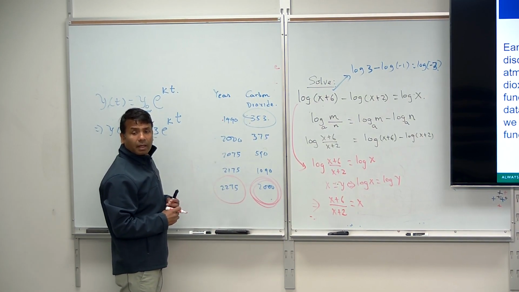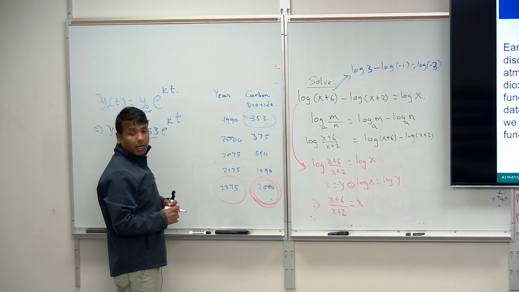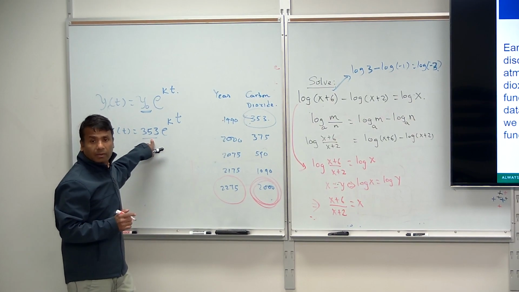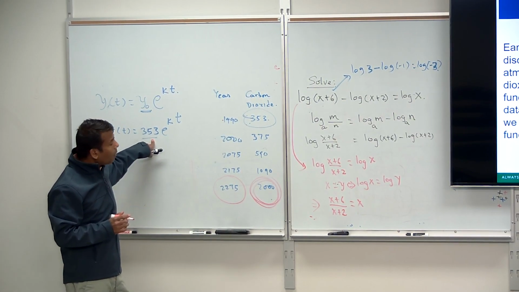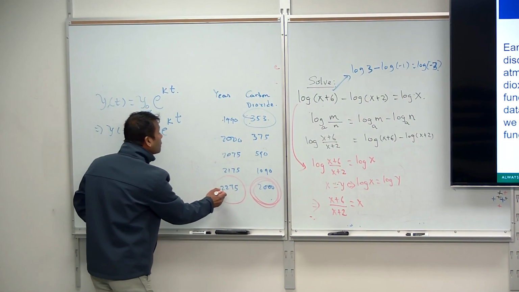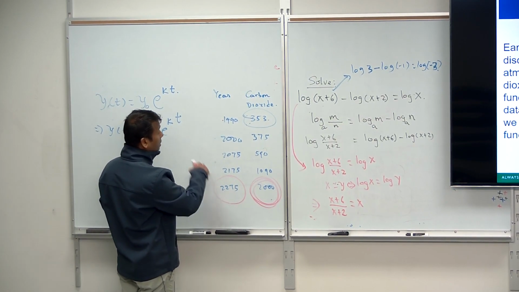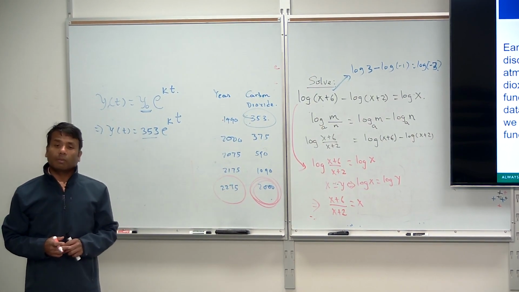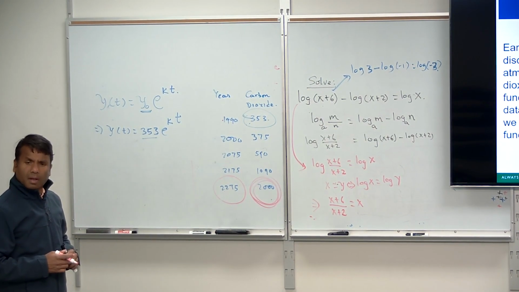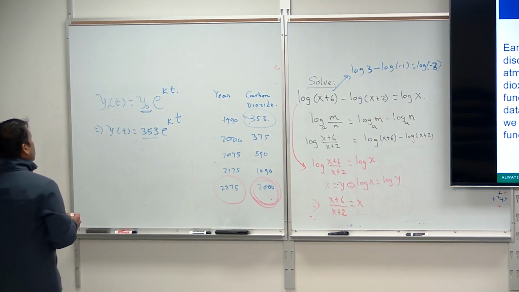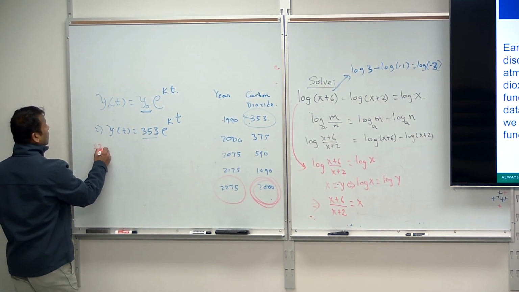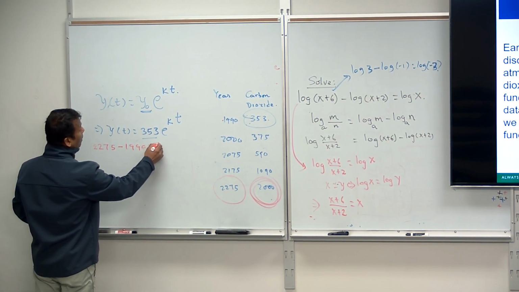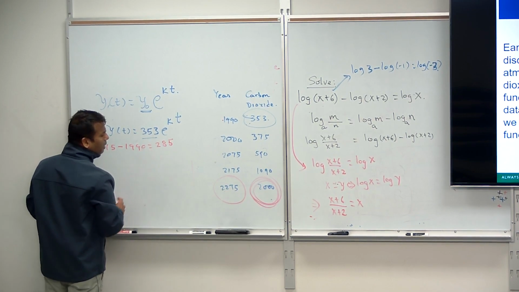What? 285. Exactly. After 285 years, the amount of carbon dioxide will be 2000 ppm. Are you with me? Because when you subtract 1990 from 2275, that gives you 285.